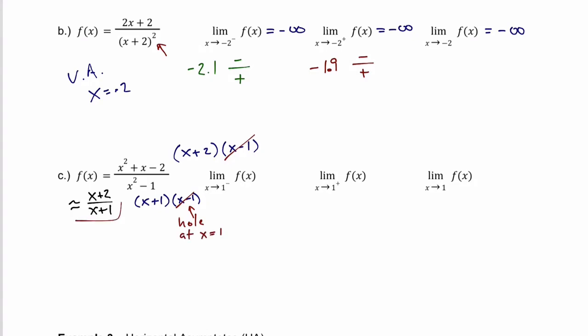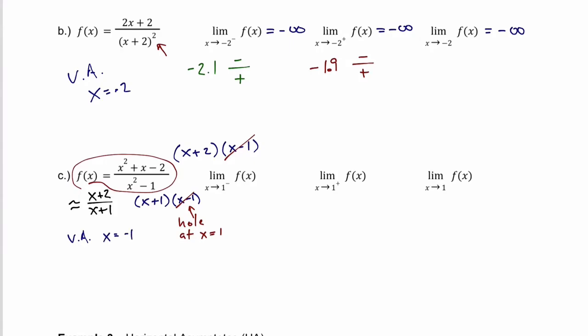So this simpler graph would not have a hole, but because the original formula included x minus 1 as a factor, the graph of this function does have a hole. So we have a hole at x equals 1, and we have a vertical asymptote at x equals -1.